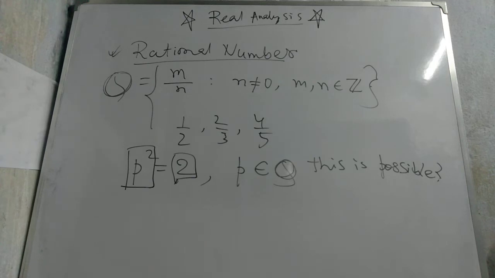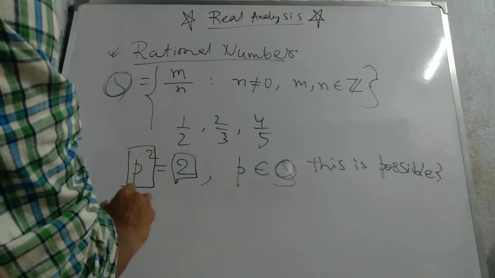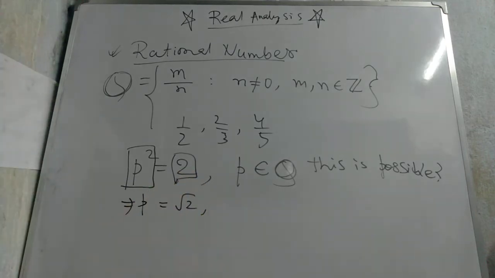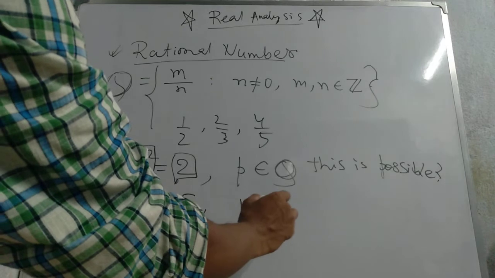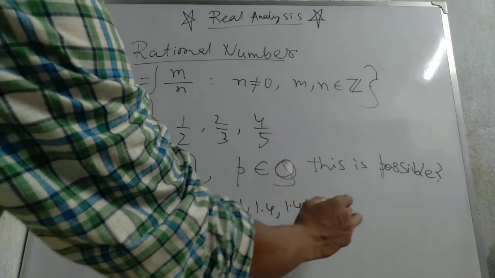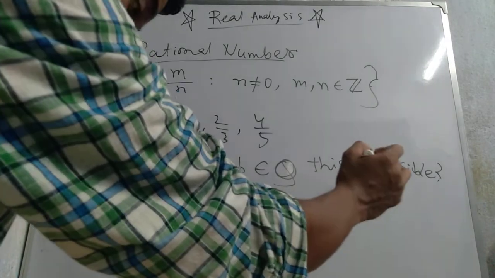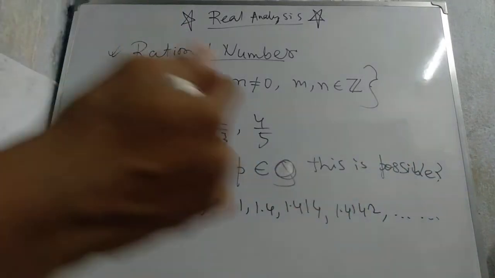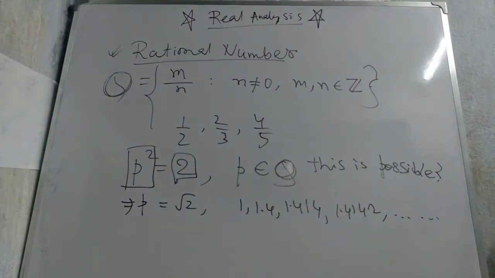Then this implies that p equals root 2, and this root 2 is approximated by 1, 1.4, 1.414, 1.4142, and so on. In this way we extend the decimal places. Then we get more accurate results, but not exact to root 2.